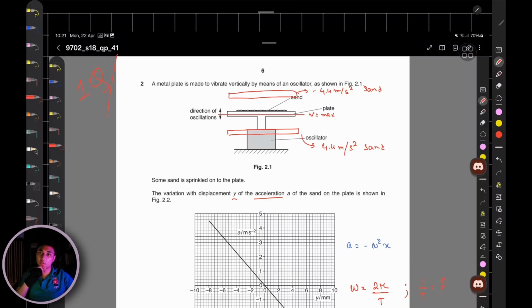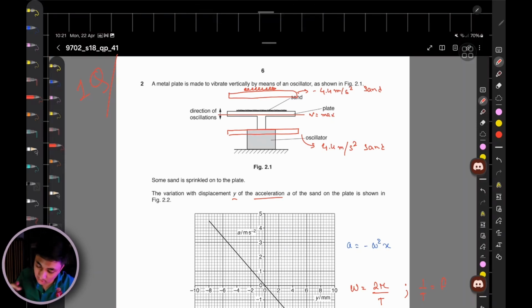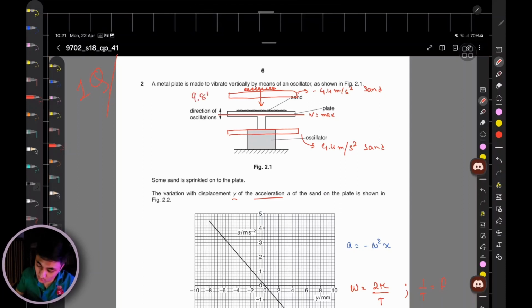Now let me ask you a question. At the topmost position, if you analyze the situation of the sand, these are your sand particles. The weight acting on the sand in this position is downwards, right? So sand will have an acceleration downwards due to its weight. But we know gravity is 9.81, that should be downwards.